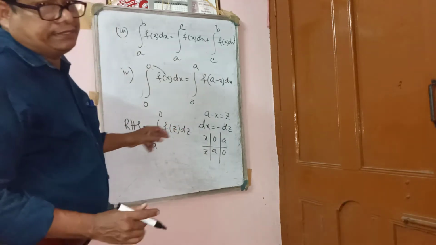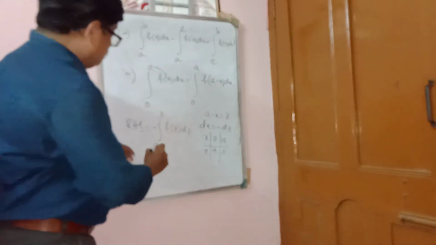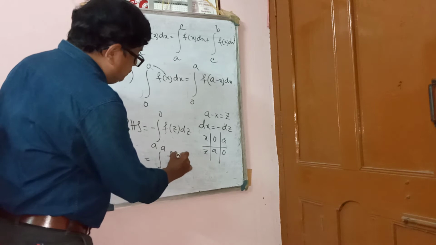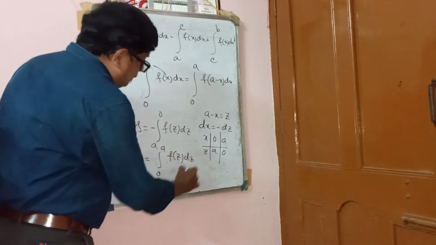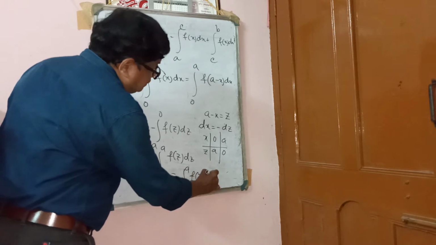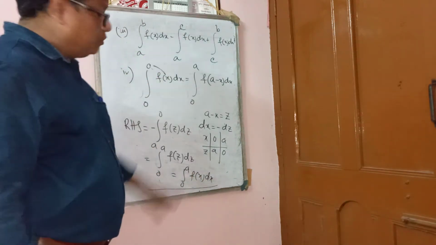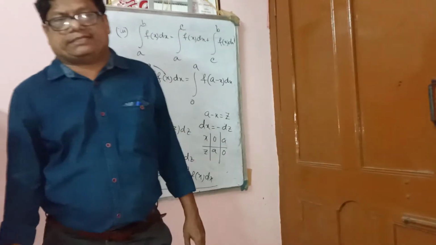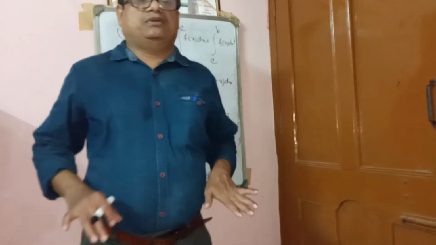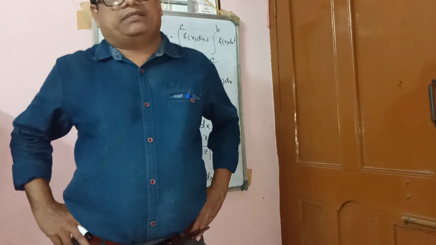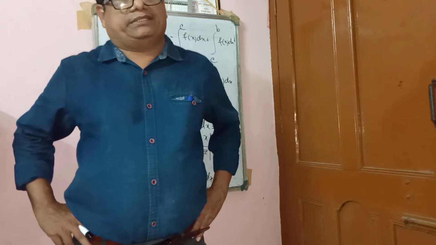The minus sign interchanges the limits, so we get integration 0 to a f of z dz, which is 0 to a f of x dx, by the first property: a to b f of x dx equals a to b f of z dz.